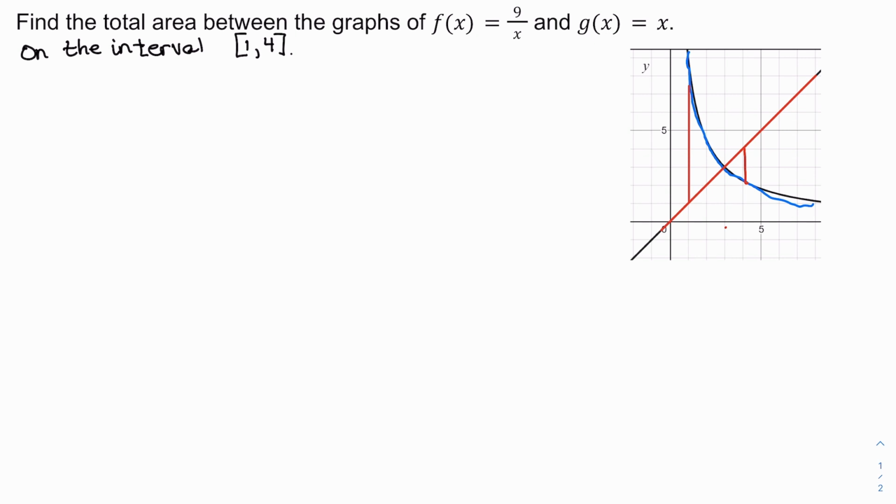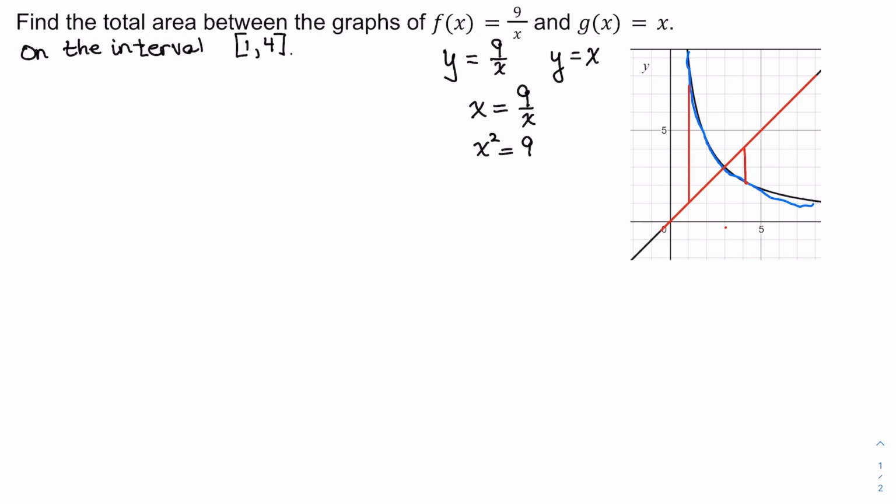And we can actually verify that by finding the point of intersection of these two curves in that interval. So we have y equals 9/x and y equals x. To find the point of intersection, we'll substitute x in for the y, and we have x equals 9/x. Multiplying both sides by x, we get x squared equals 9.